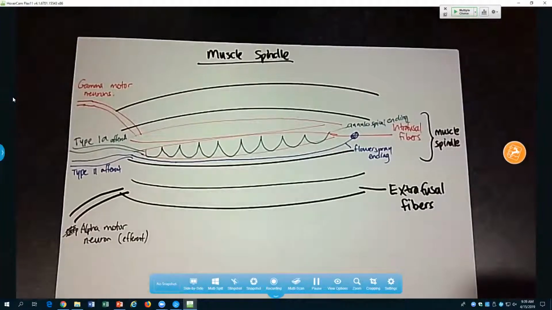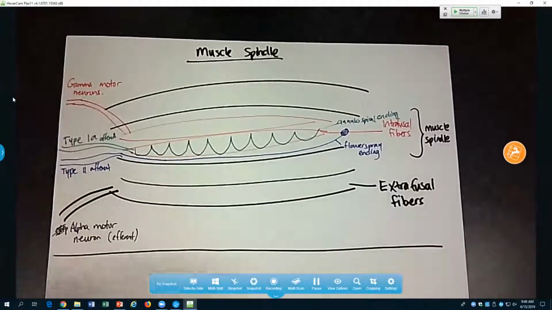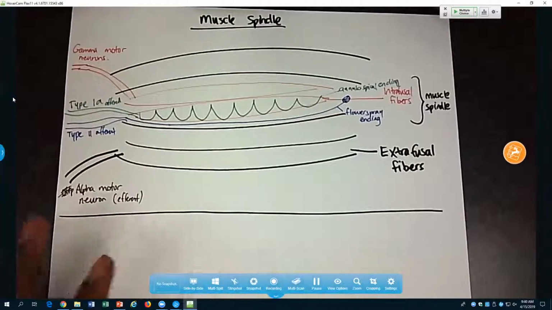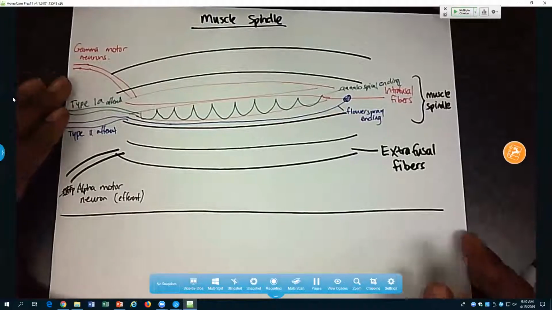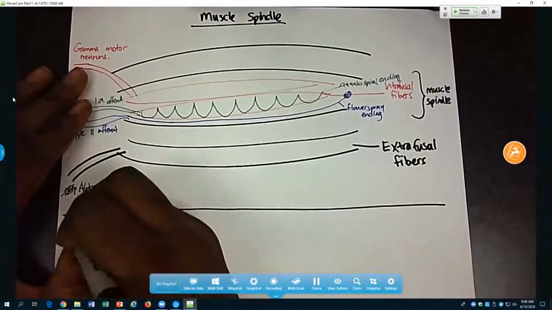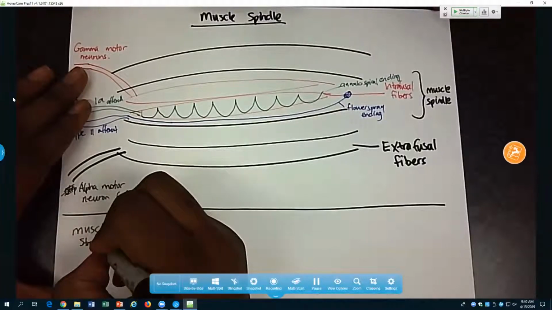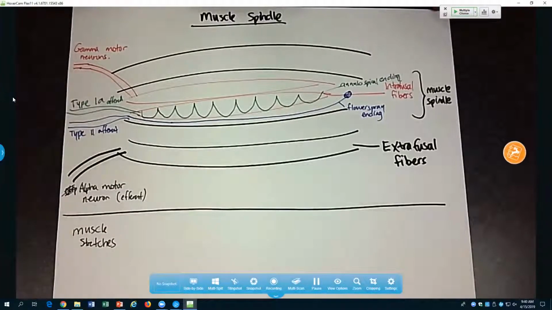Let's talk about an example of how this muscle spindle offers protection. How does it coordinate muscle movement? The whole purpose of the muscle spindle is to detect changes in the length of the muscle, and then it's going to bring about a reflex action of contracting or shortening that muscle. So basically the muscle stretches, and that is picked up as a change in length.